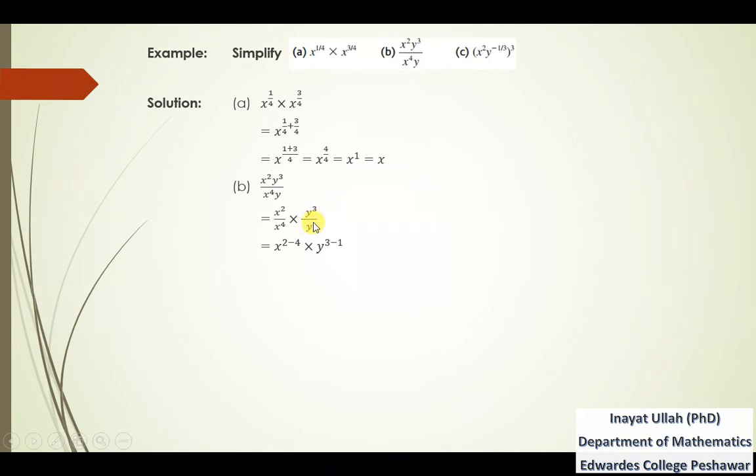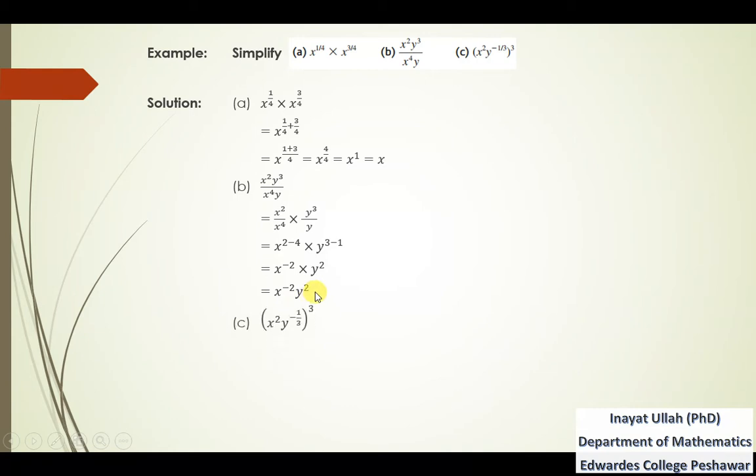Here 1 is the power of y, so that is 3 minus 1. Now x power 2 minus 4 is minus 2 and y power 3 minus 1 is 2. Now x power minus 2 multiplied by y square can be written by omitting this multiplication sign, which is x power minus 2 into y square.